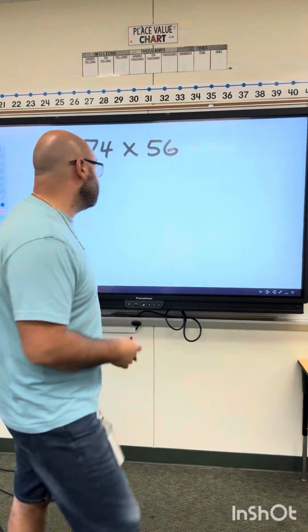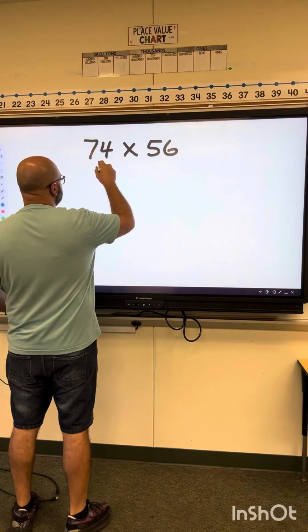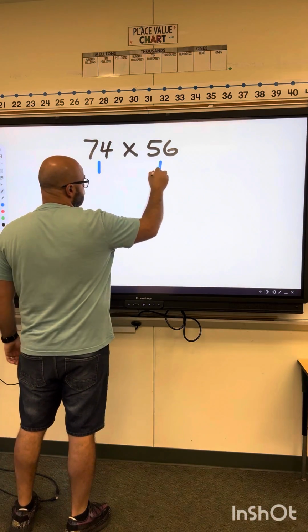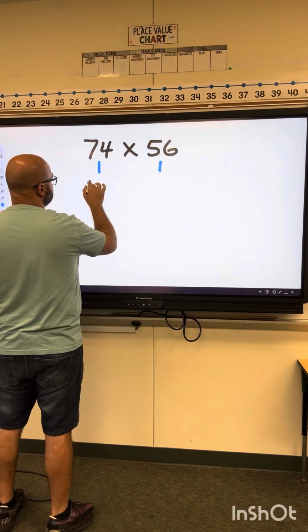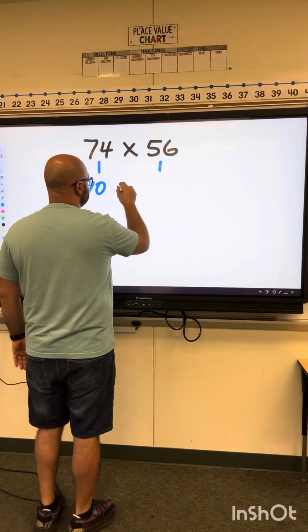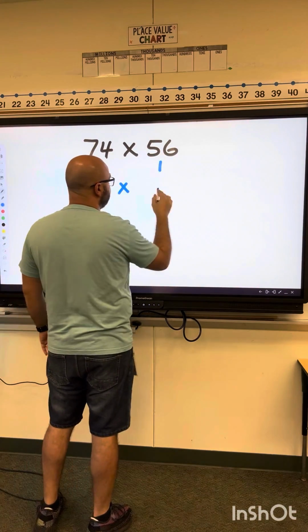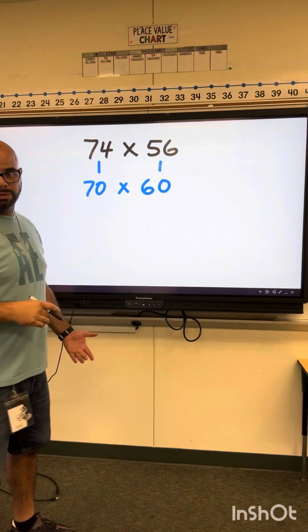Now you could convert these into zeros, right? And I always tell the kids, listen, try to make it as easy as you can for yourself, so you don't have to struggle too much. 74 could also be a 70, right? That's a compatible number. 56 could go up to 60. That is also a compatible number, right?